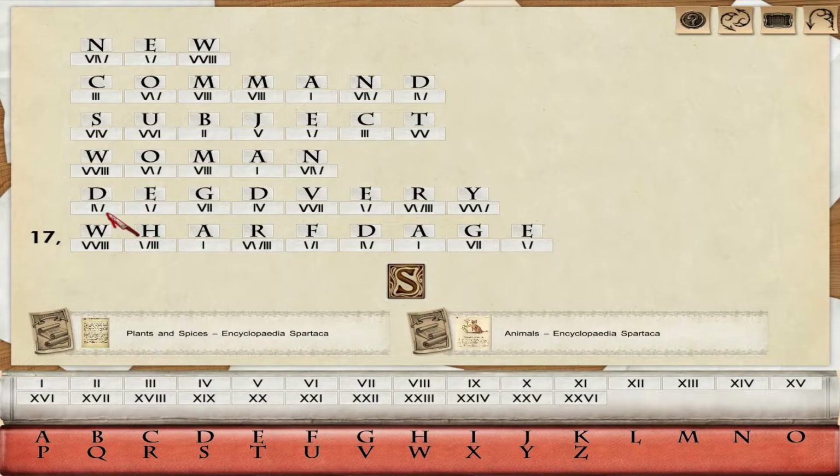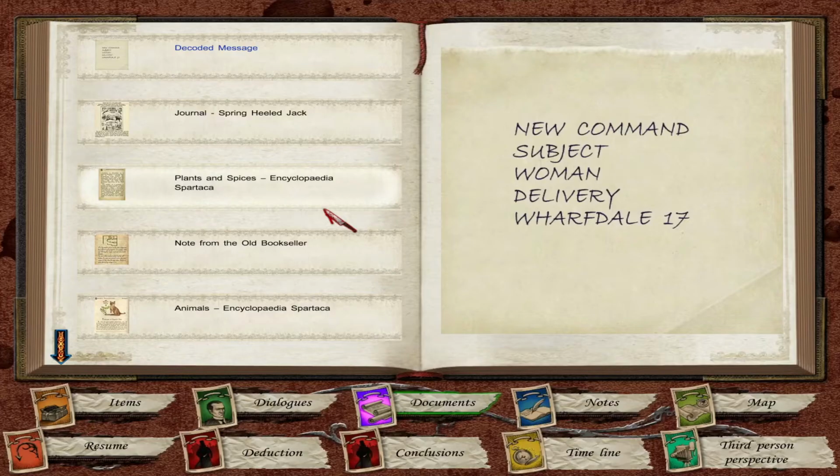And then this is 4. 5. 12. So it's not G. It's L. And this is 9. So I. 22. Elementary.